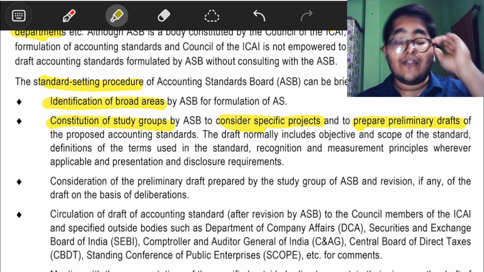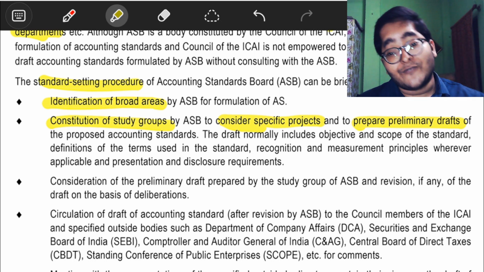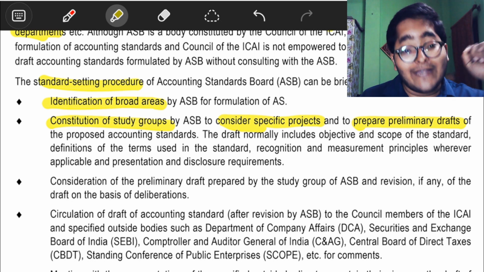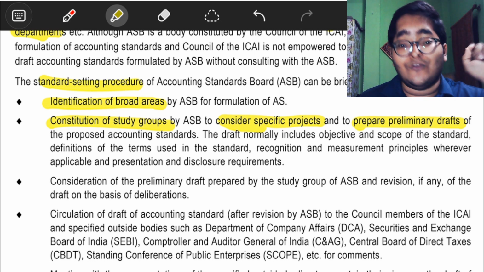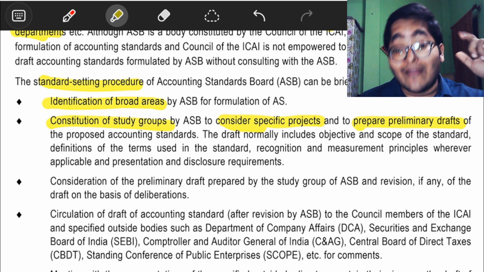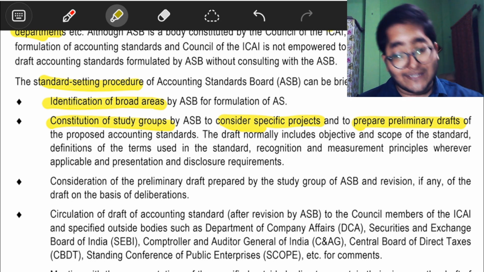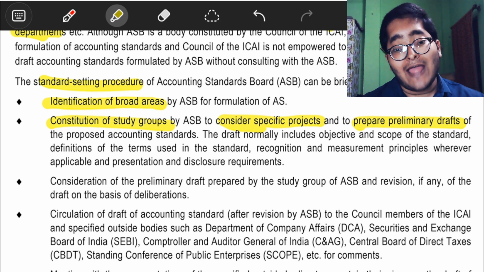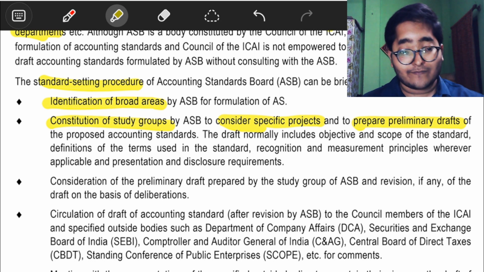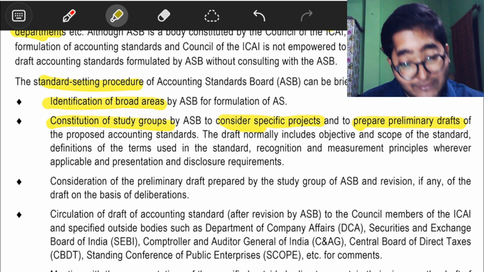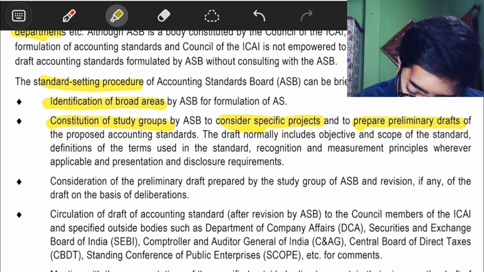The draft normally includes objective and scope of the standard, definitions of the terms used in the standard, recognition and measurement principles wherever applicable, and presentation and disclosure requirements. Third is consideration of the preliminary draft.